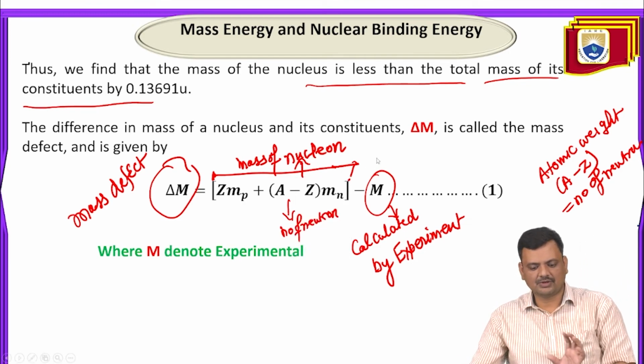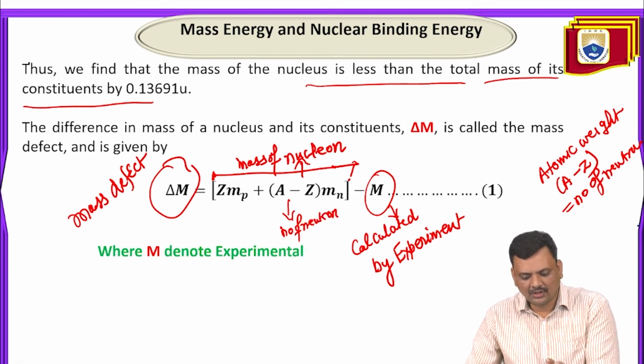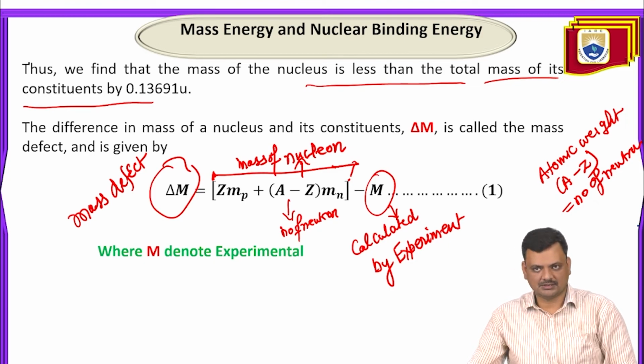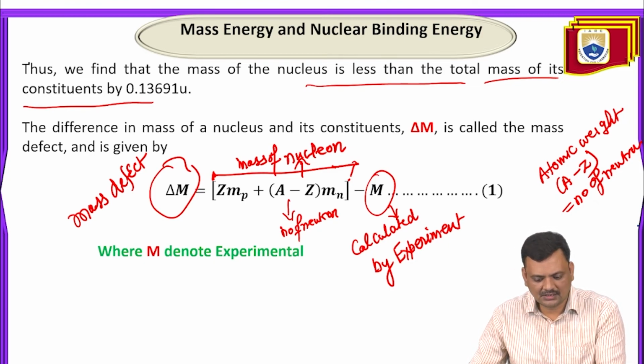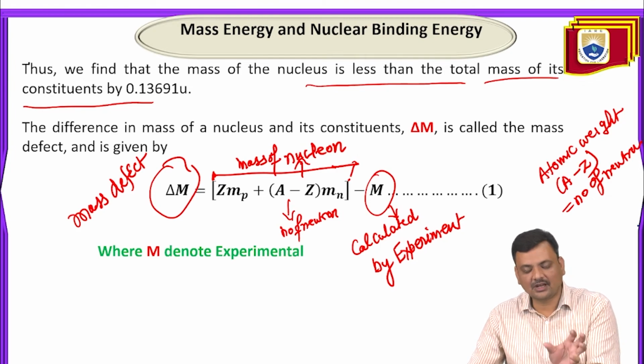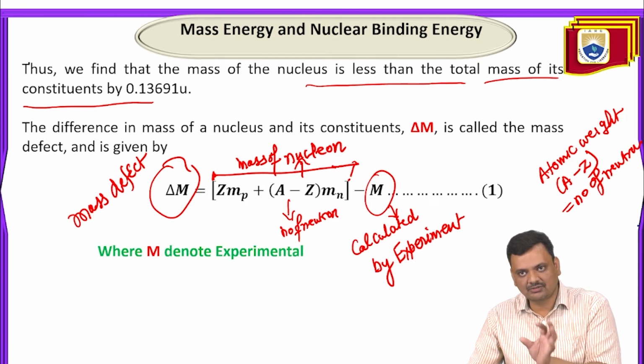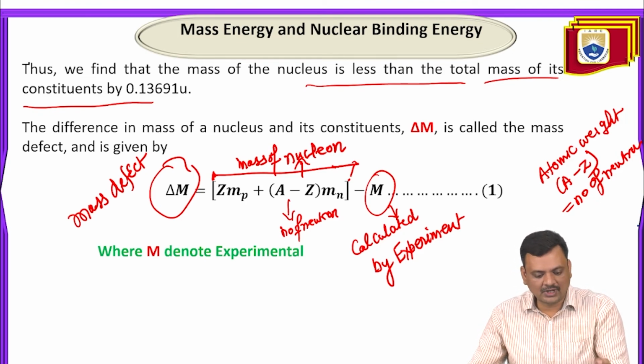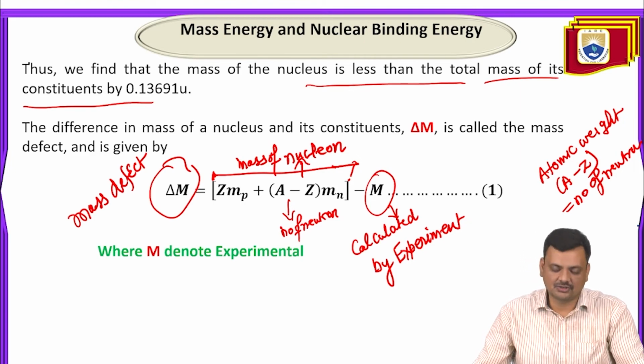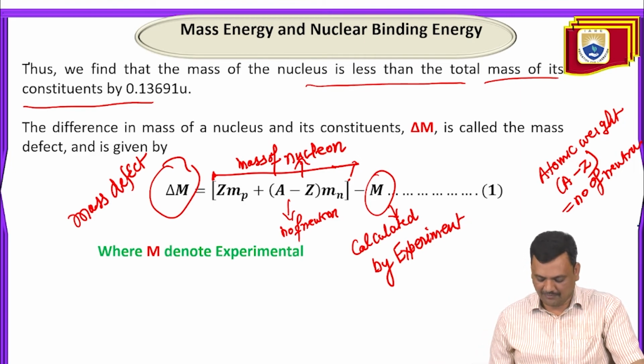That is the mass of nucleons minus the experimental mass of the nucleus. This difference between the mass of the nucleons and the experimental mass of the nucleus is known as the mass defect, and it is denoted by delta M.